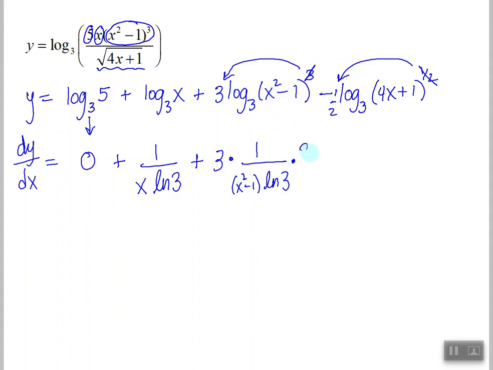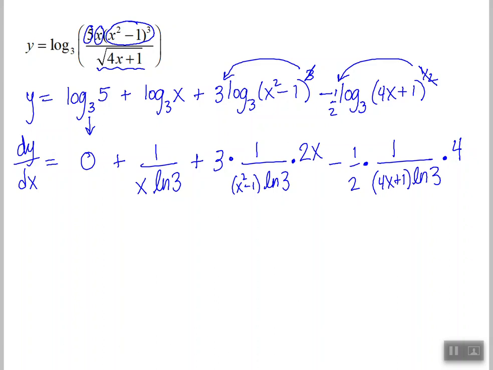The derivative of the inside is 2x, minus, again I have a constant multiple, 1/2 times 1 over the inside, 4x plus 1, times natural log of 3, 3 is the base, and using the chain rule, the derivative of the inside is 4.